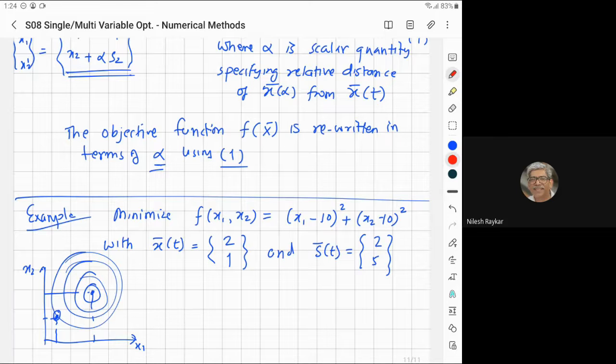So we have a slope in this manner: x is 2 units, y is 5 units. That is how the information has been given to you. So you have to search along this line, and we should reach the tangent point with the objective function contours.